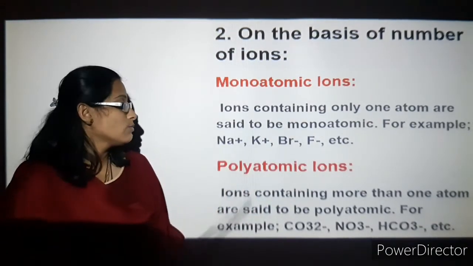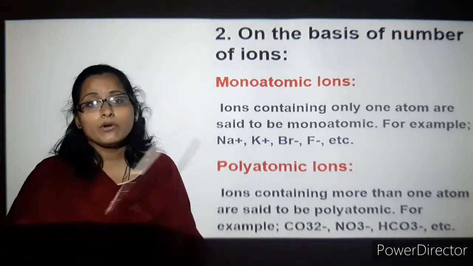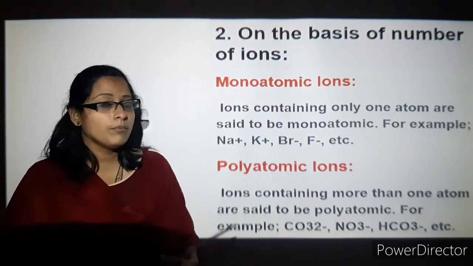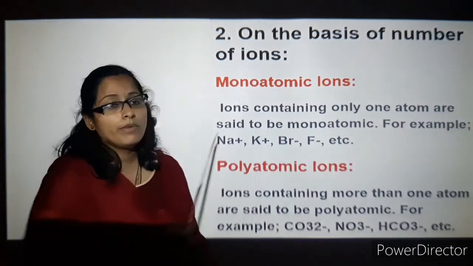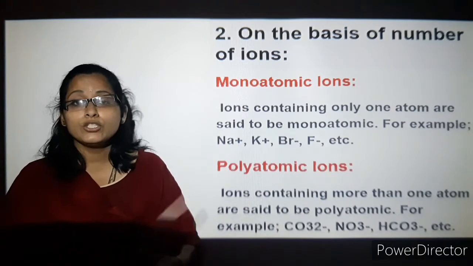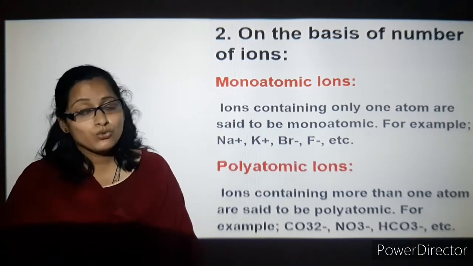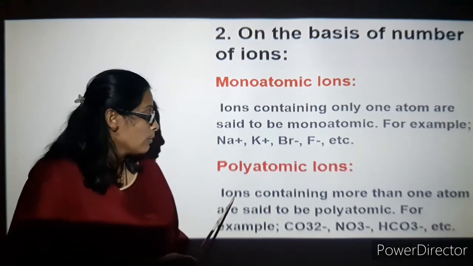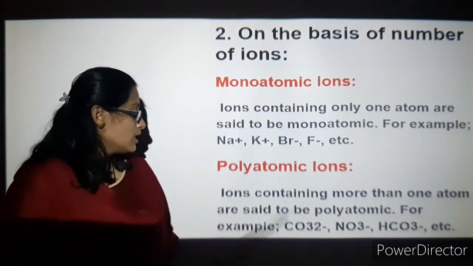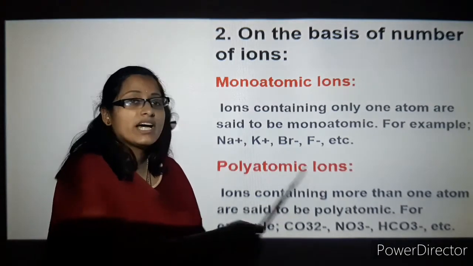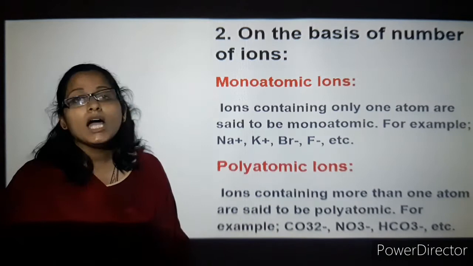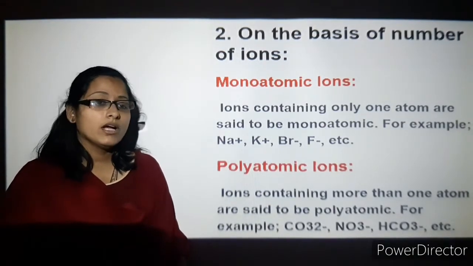When there is a combination like sodium chloride, Na and Cl, that is chlorine, combined together, they become polyatomic ions. When two or more atoms combine together with their respective charges, they form polyatomic ions. Let's understand again what polyatomic ions are: ions containing more than one atom. As I told, they contain more than one atom and are called polyatomic ions.